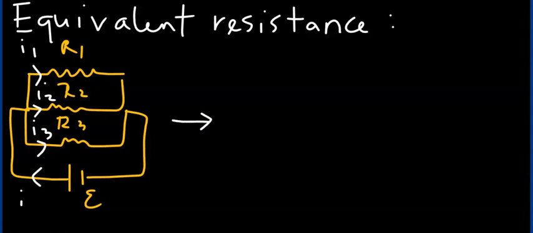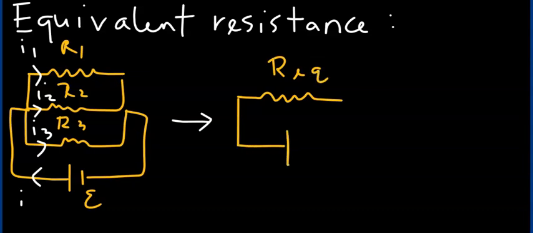Suppose we want to reduce this circuit into a circuit with just a single resistor with resistance Req. Everything else stays the same, so the EMF of this battery is E, and the same amount of current is coming out, that is I, and passing through the resistor Req. So these 2 circuits are to be equivalent.